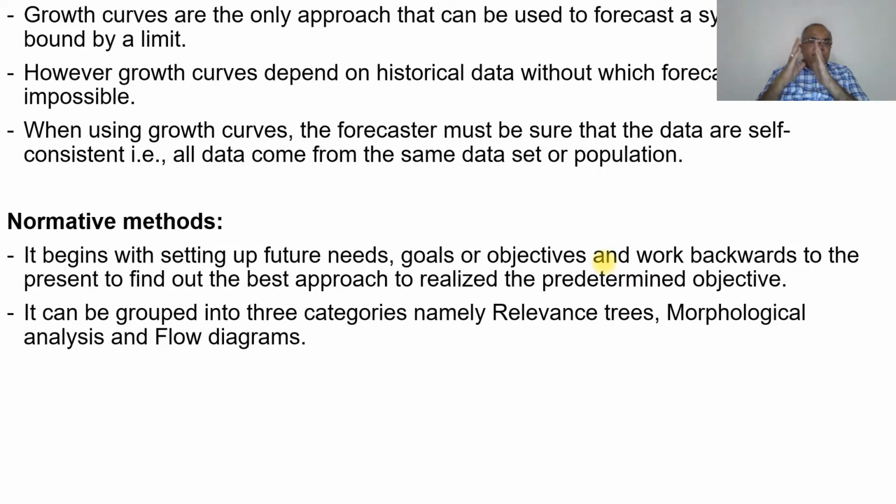So first we have to fix the goal or objectives and the future needs, and then from there we need to work backwards to the present to find out the best approach to realize the predetermined objective.